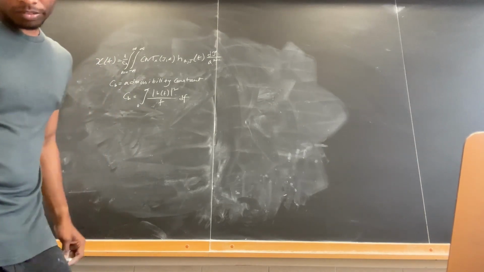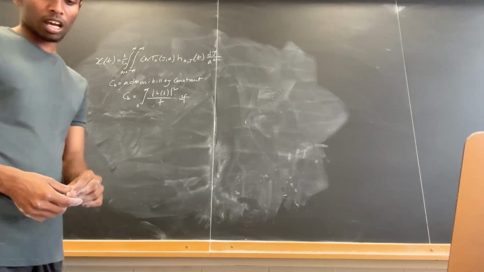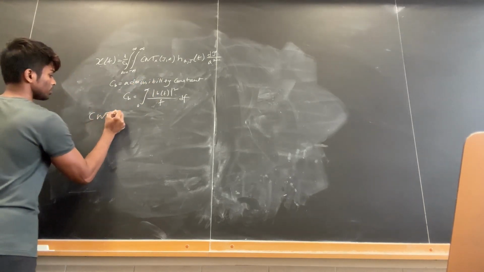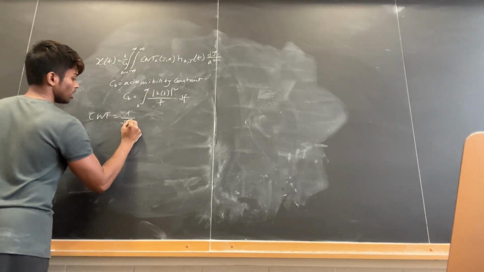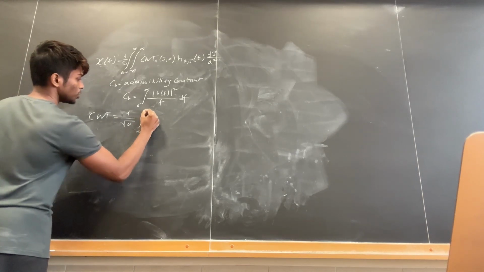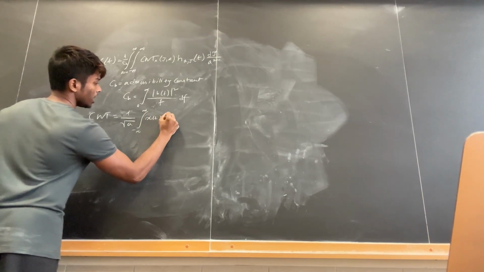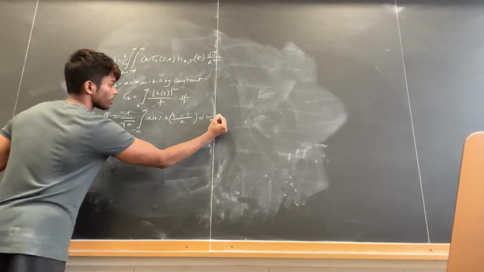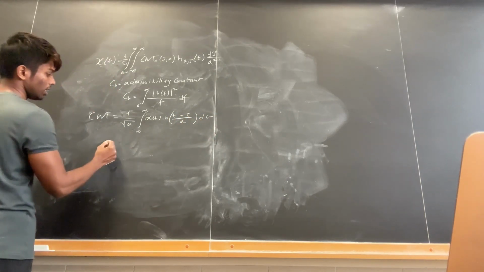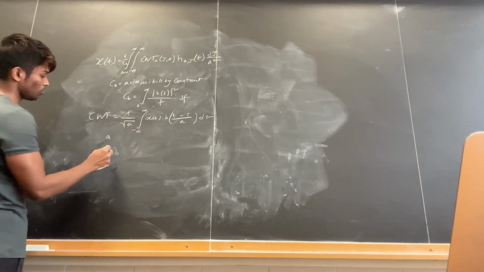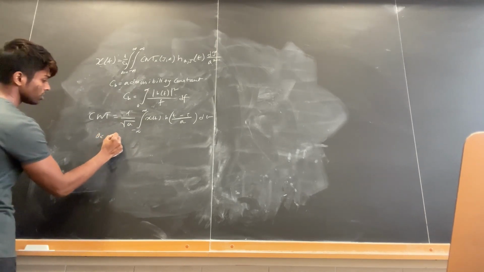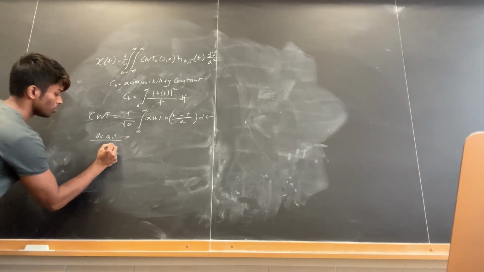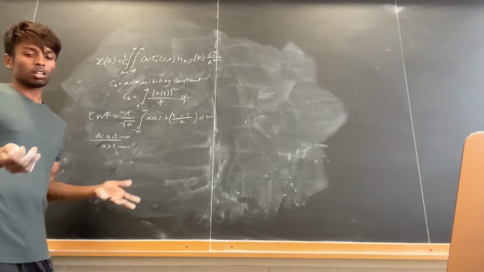But apart from this mathematics, I have to understand that the CWT is given by 1 by square root of a, integration from minus infinity to infinity of x(t) h of (t minus tau) by a dt. If a is between 0 and 1, this gives us a compressed wavelet, and if a is greater than 1, this gives us a stretched wavelet.